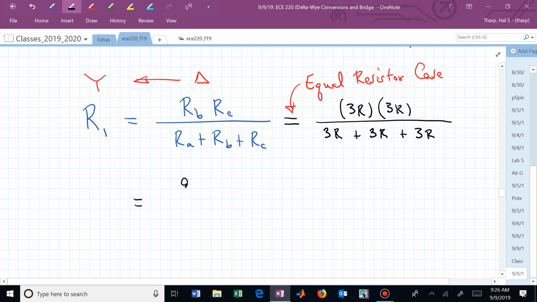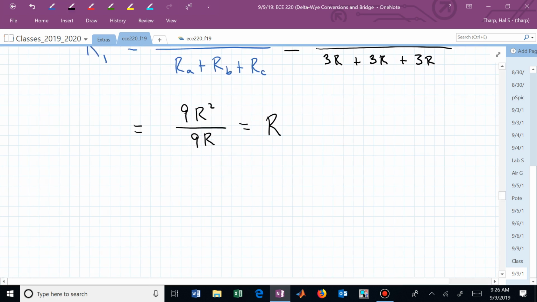That now gives us 9R squared over 9R. The 9's cancel, one of the R's cancels, and we see that if we started with equal resistors of value 3R in the delta, the Y's are just a third of that. They are just R.